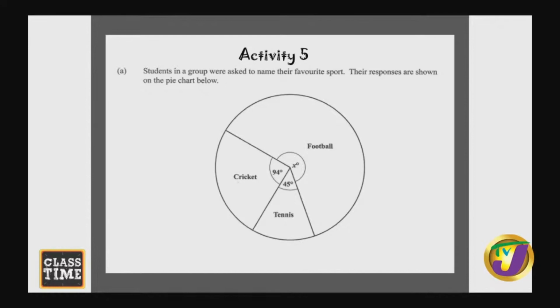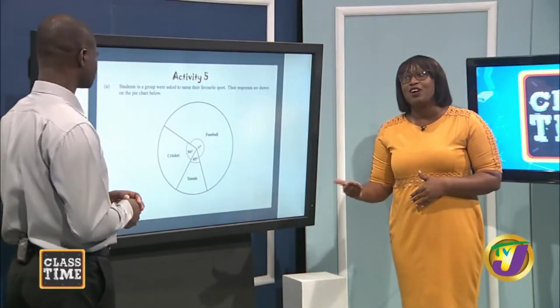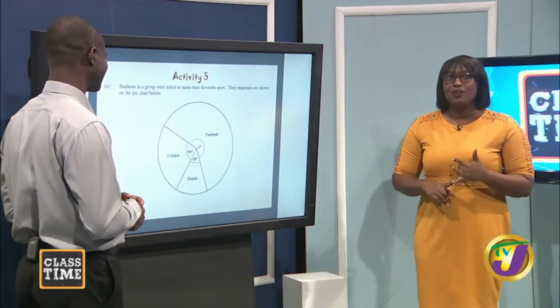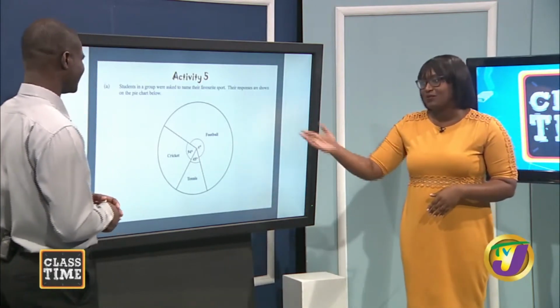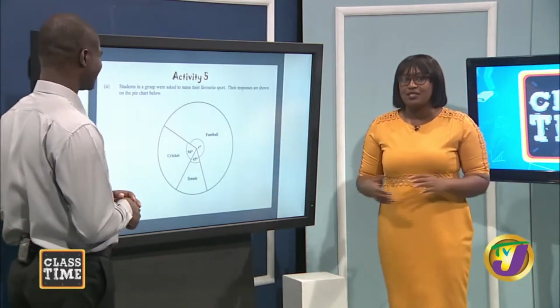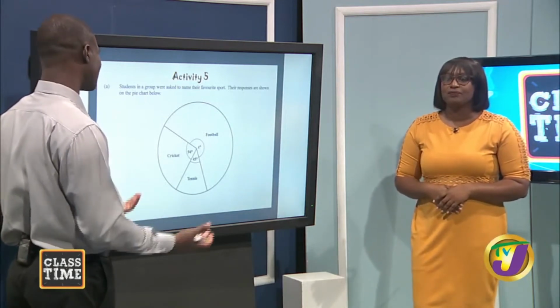Since the sum of the angles is 360 degrees, we have a missing angle there. So obviously they're going to ask us to find that missing angle at some point. Before we even start the question, you can just use your knowledge of angles in a circle and know one of the questions they're probably going to ask you, because we have X degrees. You more than likely want to know what X degrees is going to be. Definitely. And then again, what is the possible range for our answer?